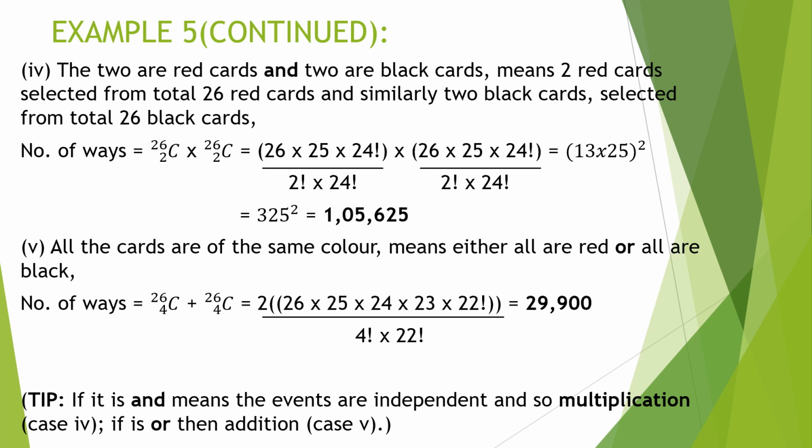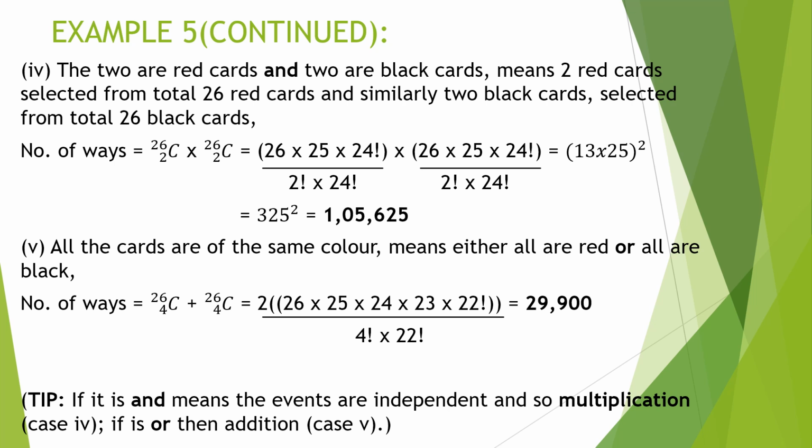Fifth case, all the cards are of same color means either all are red or all are black. So now remember, over here either they are red or they are black. Either means if all the 4 are red, then all the 4 cannot be black. Correct? So you have plus in between. Now this is very important. Don't get confused in the fourth and the fifth case. In the fourth case, you need 2 red and 2 black cards. So it is multiplication sign in between. This is a tip which you can remember.